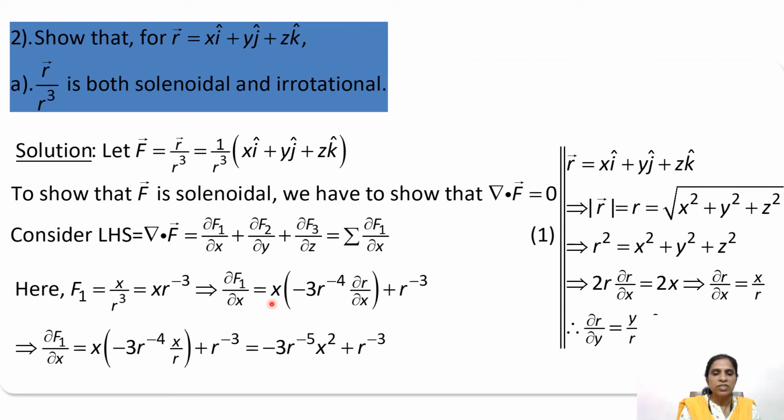So dou f1 by dou x, when you simplify after applying x by r, will give you minus 3 r to the power minus 5 x square plus r to the power minus 3. So for your reference, this dou r by dou x is found here. You can see here how we have found dou r by dou x, and similarly we can write dou r by dou y and dou r by dou z.